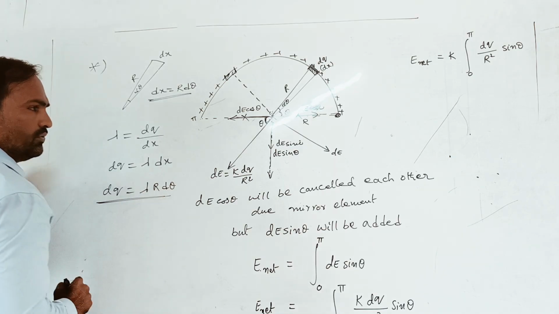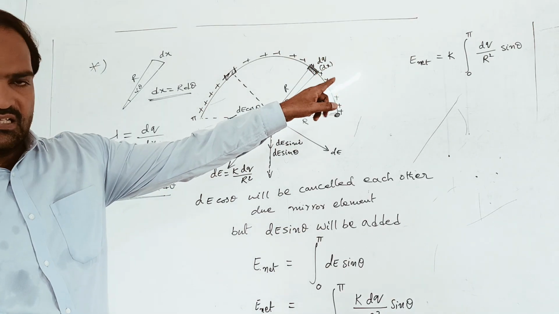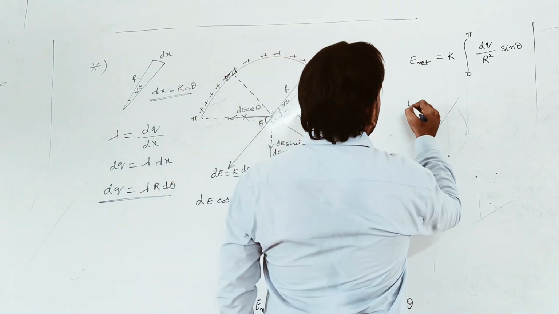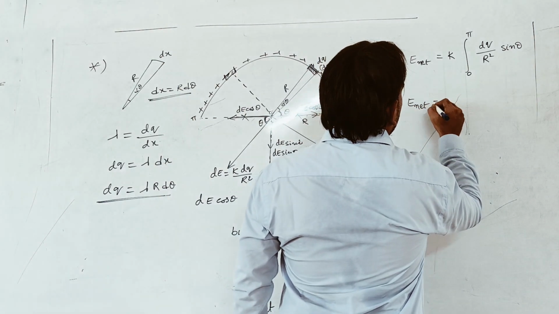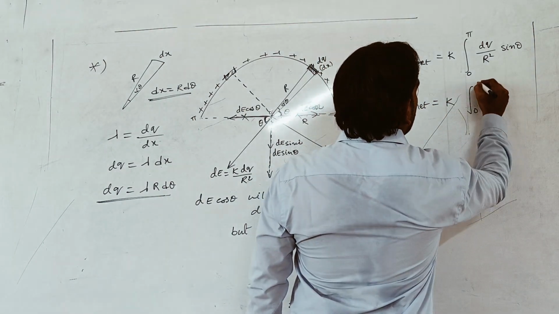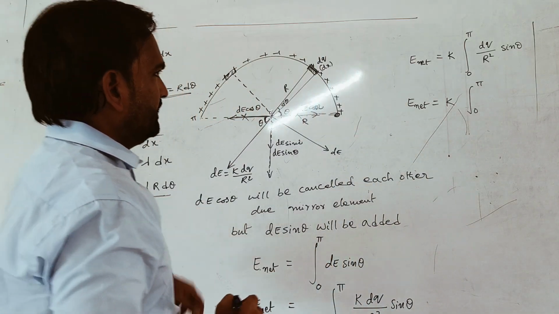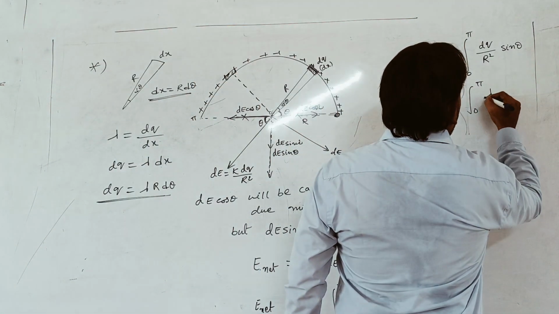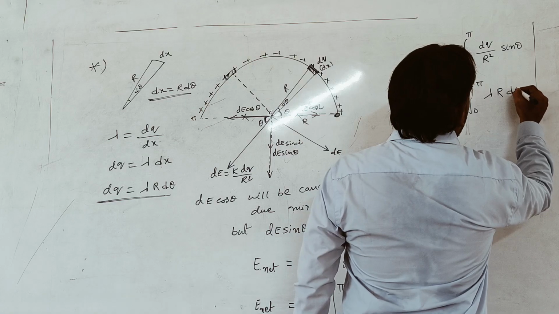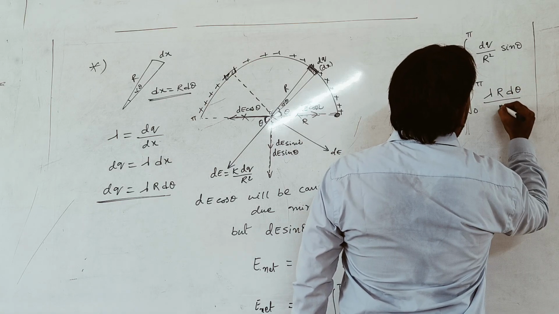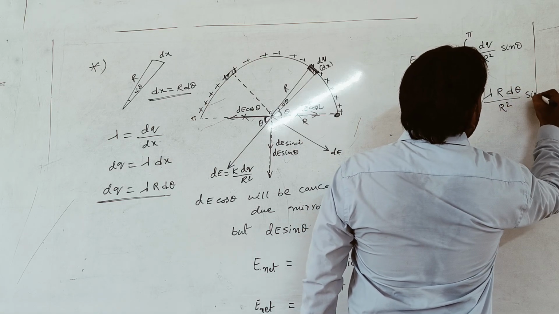Substitute this dx, dQ value in this equation. Then E net is equal to k integration from 0 to pi of dQ, meaning lambda r d theta, by r square sin theta.